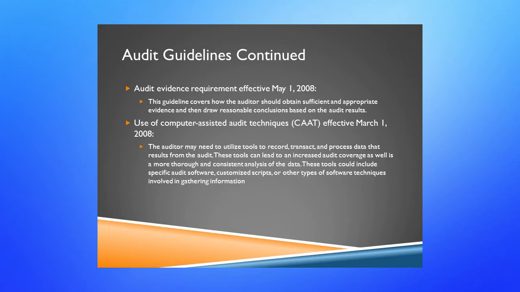So these tools can lead to increased audit coverage, as well as being more thorough and more consistent in analyzing the data. The tools could be some sort of specific audit software that you're using. It might be a customized script you've created to go out and gather information, or any other type of software technique that's involved in gathering information, things that are a lot easier to do through automation than by manually trying to review all of the information.